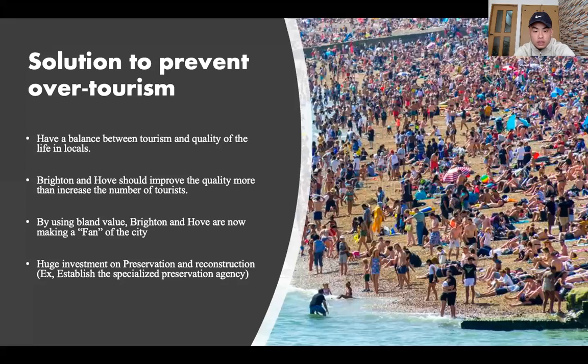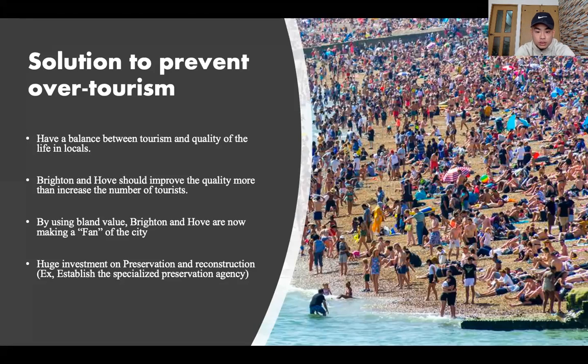As I mentioned, the city of Brighton and Hove focuses on achieving sustainable tourism in order to preserve the quality of life of local people. It seems like tourism in Brighton and Hove has nothing to do with over-tourism. However, an August 2019 report said over-tourism has led to an increase in the cost of living for locals and a decline in quality of life.